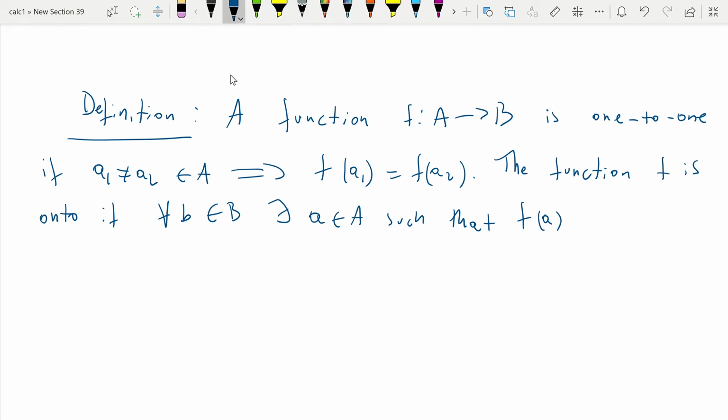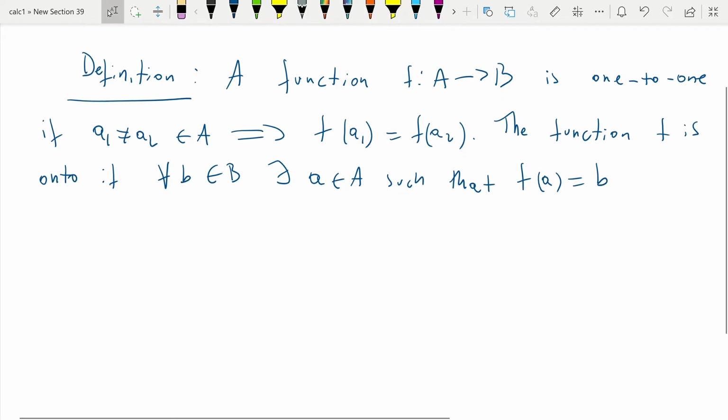So we can always find an a in A that is mapped via f to b.